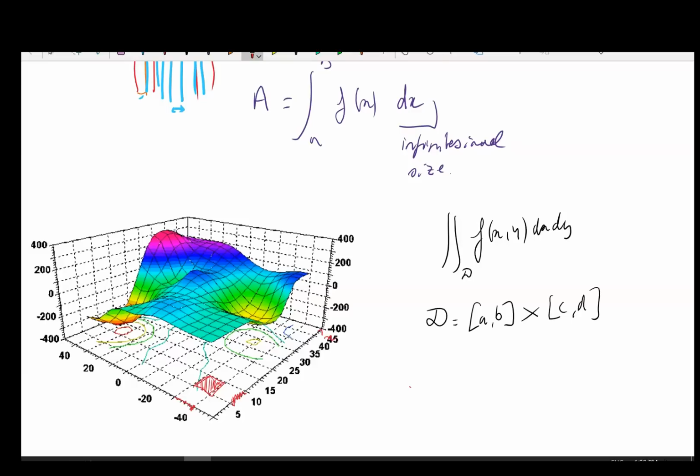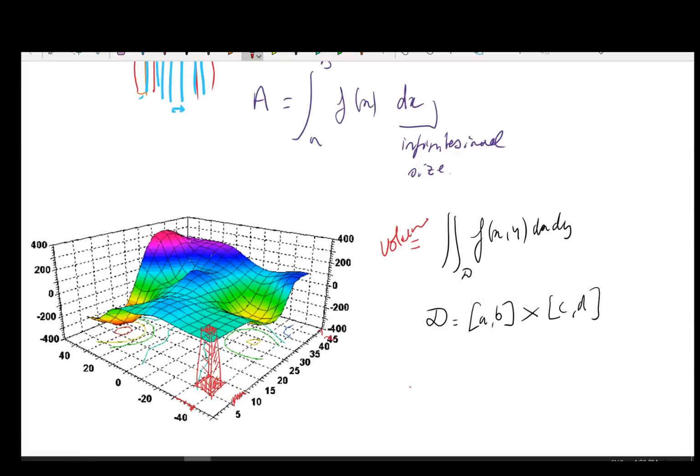If you're looking at the plot that is given, this rectangle is plotted as this part of the surface. When we are doing this integration, we are calculating the volume of this thing here, the volume below the surface, between the surface and the area of the plane that is described by our domain.